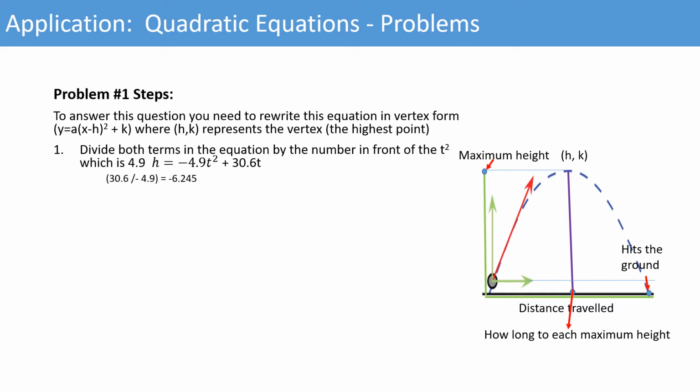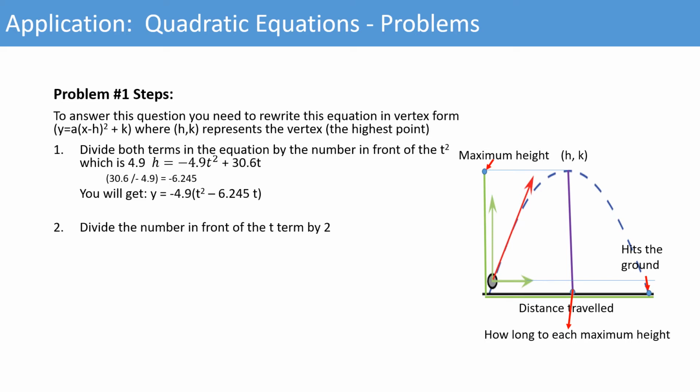Take the number 30.6 and divide by negative 4.9. This will give us negative 6.245. We'll move the negative 4.9 in front, so we will get t squared minus 6.245t.